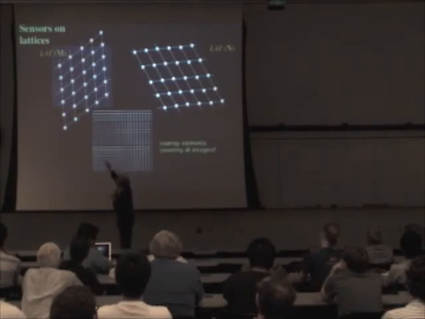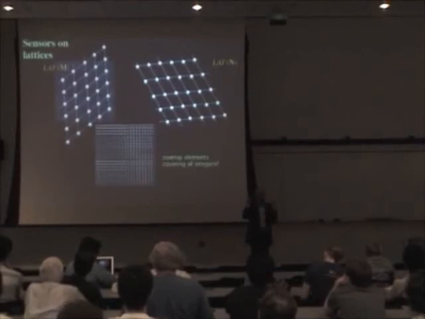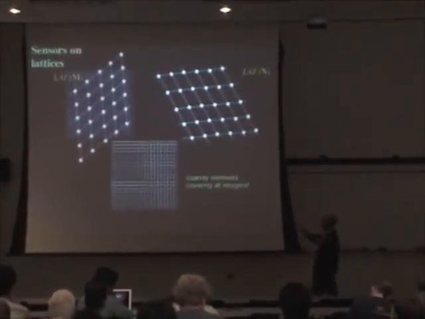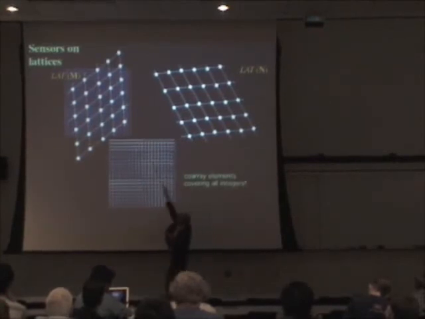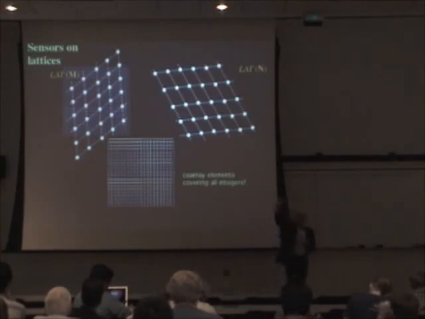If we generate these two sparse lattices using coprime integer matrices, meaning matrices which do not have any left common divisors other than unimodular matrices, then the difference set will have all of these. You can calculate the autocorrelation of a two-dimensional wide-sense stationary waveform at all integers, no matter how sparse each one is.